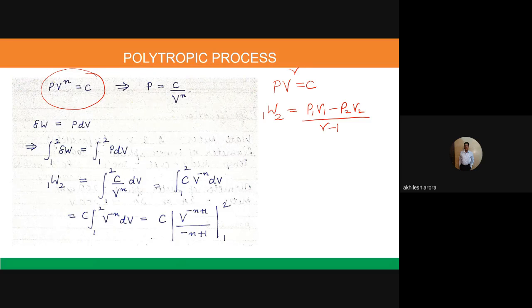So what is the difference between this particular process and this particular process? Only the difference of power. In this particular case, the power is gamma, whereas here the power is n.